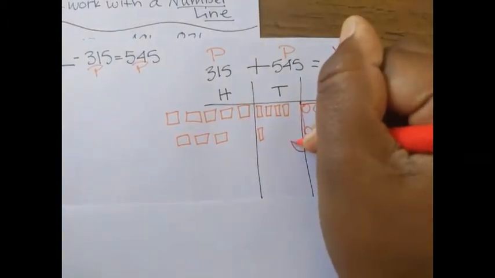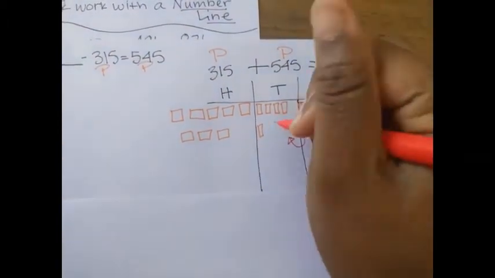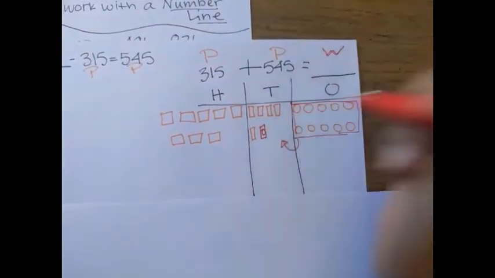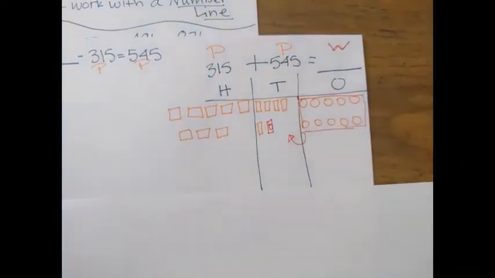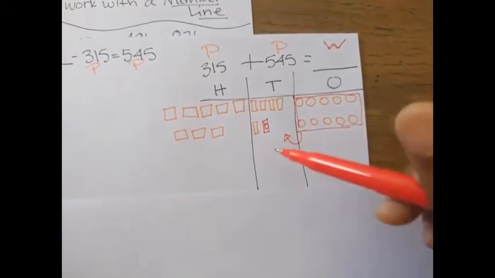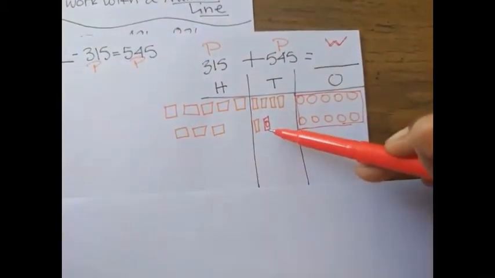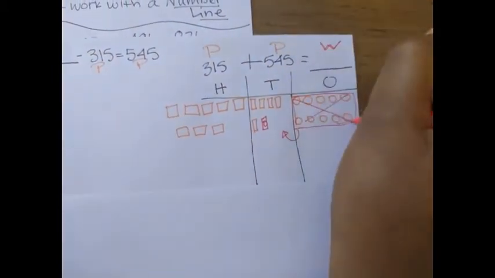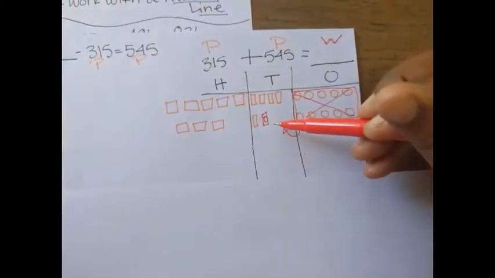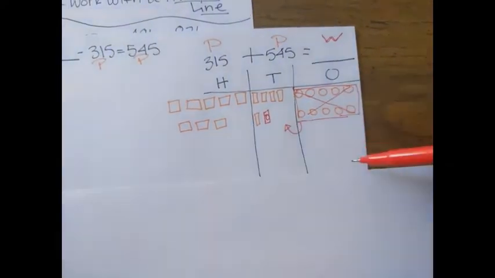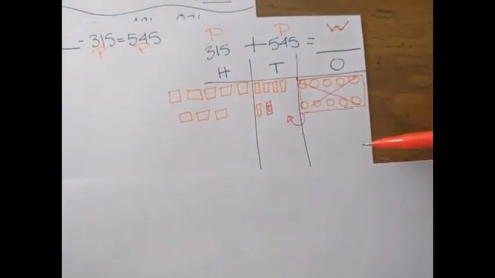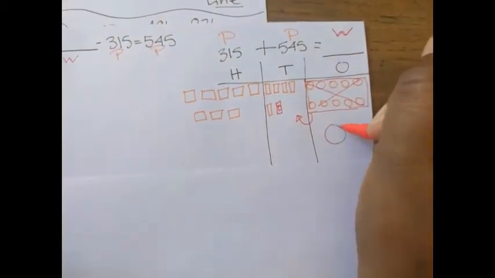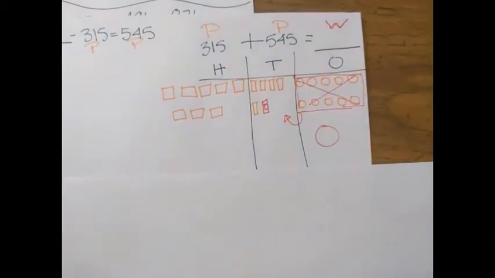And we can just draw an arrow there and make another ten, and we'll put an O inside of it to represent where it came from. And after we have added that ten from the ones, we can cross these out, because we have already moved them to where they need to be. And then we write what's left over in our ones. Nothing. So we write a 0, because a 0 is left over for the ones.